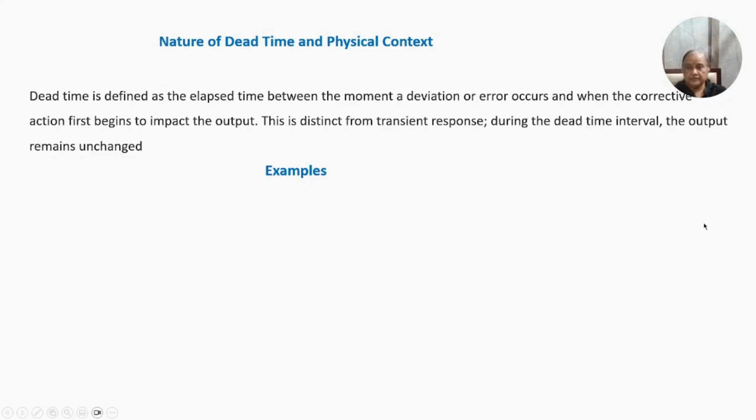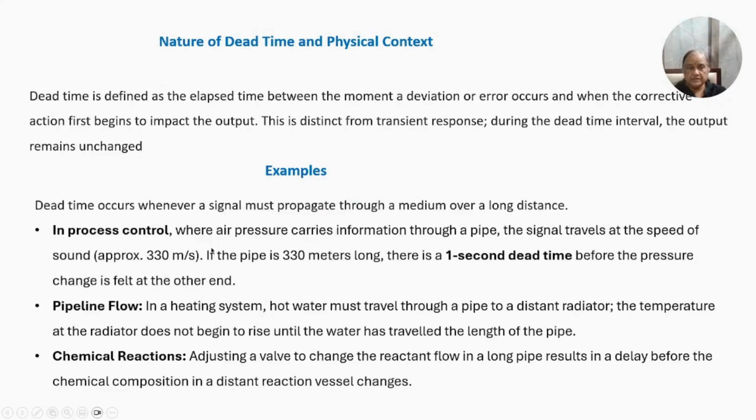Some examples in control systems which involve dead time: whenever a signal has to propagate through a medium over a long distance, we encounter dead time. In process control systems where air pressure carries the information through a pipe, let us say, the signal travels at the speed of sound, approximately 330 meters per second.